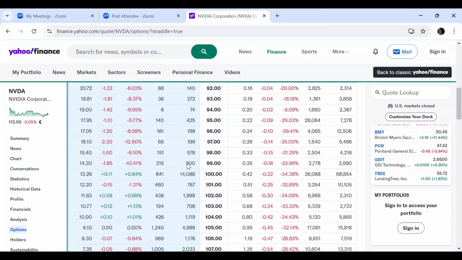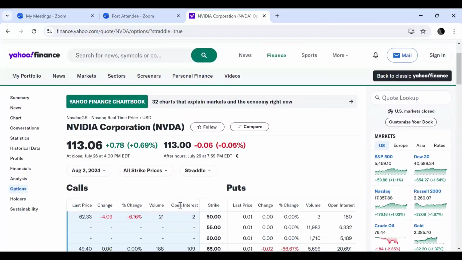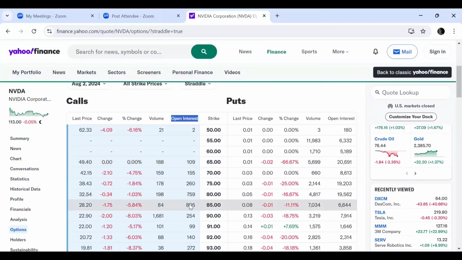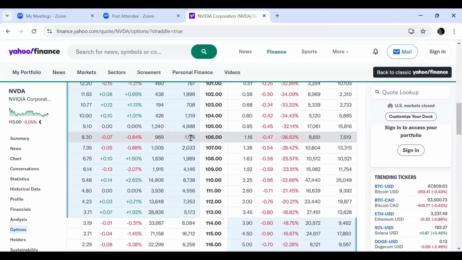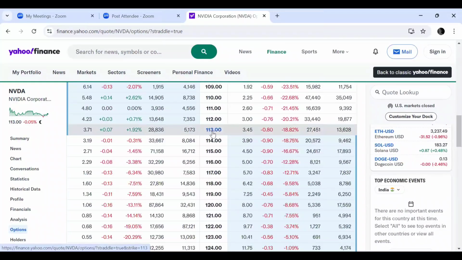See here you can see the open interest. Open interest means how many people are purchasing the call contracts. Here also open interest means how many people are purchasing the put contracts. Here you can see the current price of Nvidia is $113, and you can check where there are more contracts. Here 8,084.